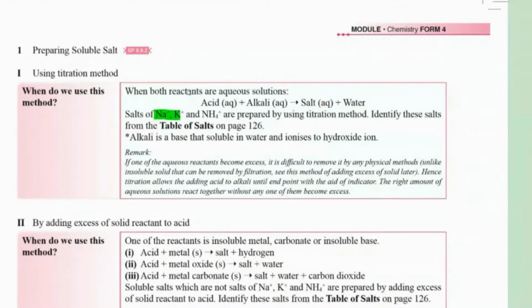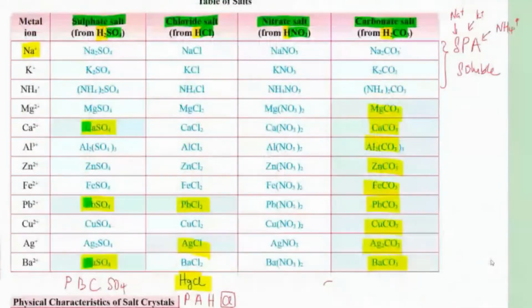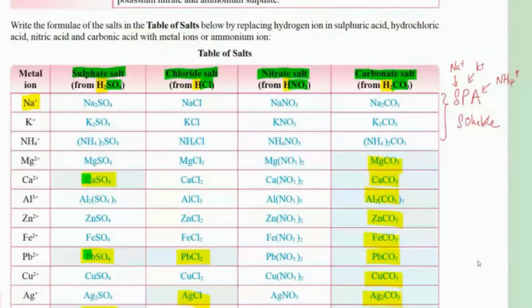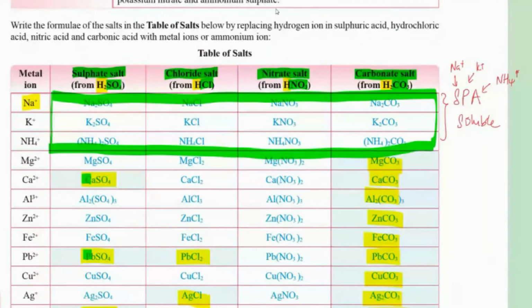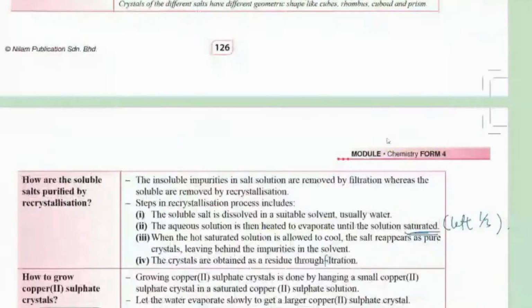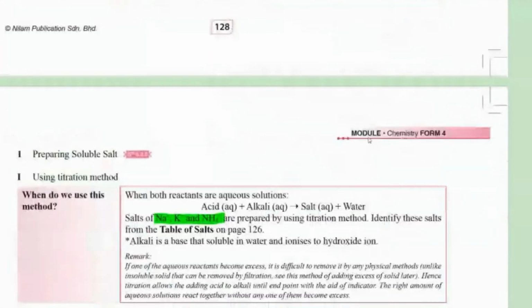Looking at the table, sodium, potassium, ammonium, these three types of salt, all listed here, use the titration method.